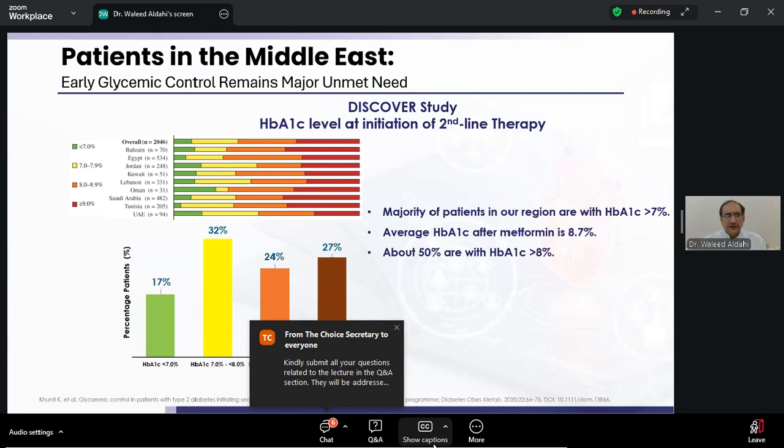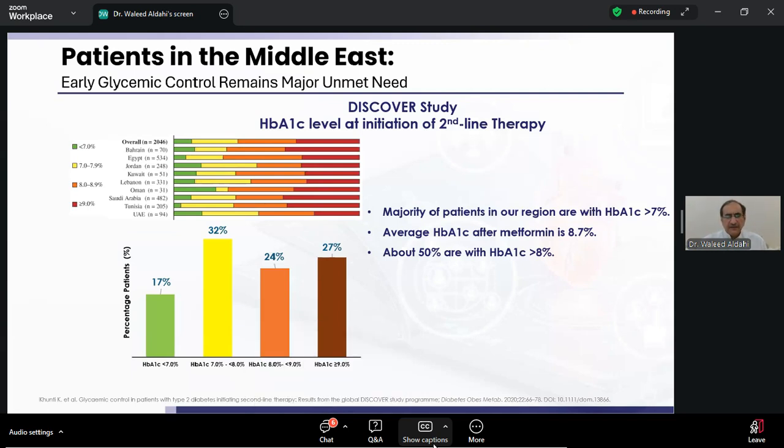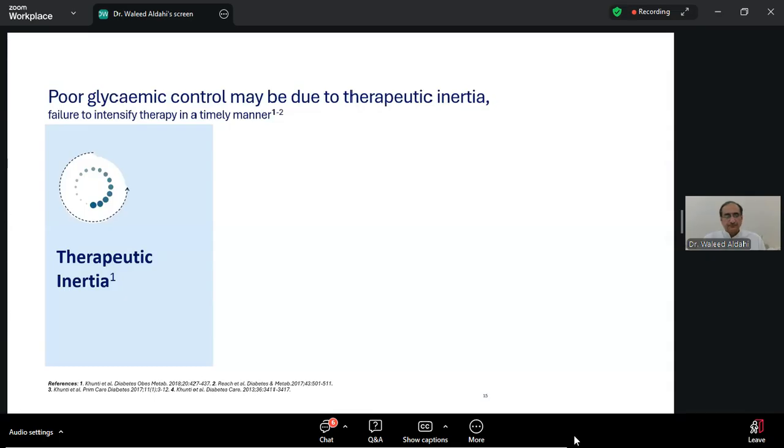You can see here 17% have less than 7%, 32% 7 to 8%, 24% 8 to 9%, and 27% more than 9. So the majority of our patients are actually above 7%, and about 50% are more than 8%. So most of the patients are actually out of control, unfortunately.